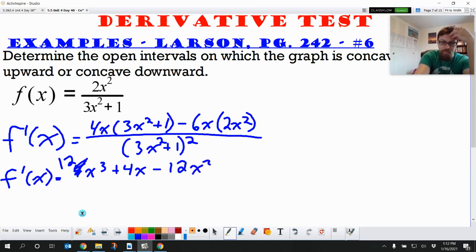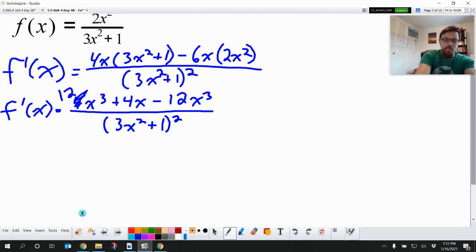Oh, how nice. All over 3x squared plus 1 squared. So that 12x cubed minus another 12x cubed, that's just 0. So we're just left with a 4x in the numerator.